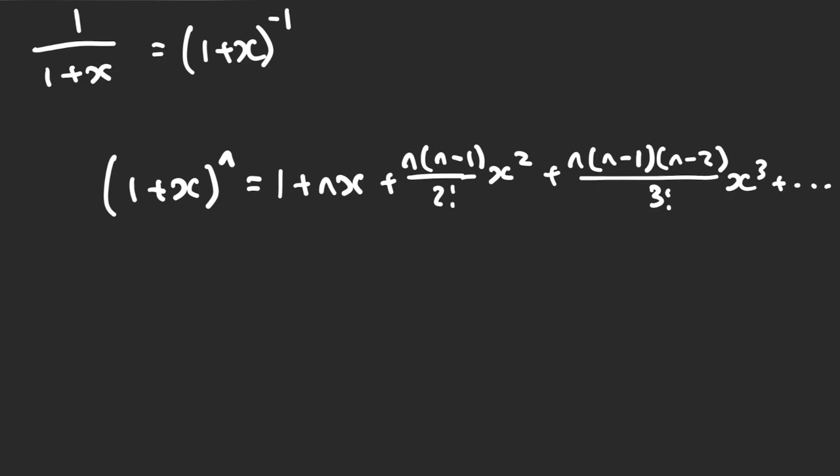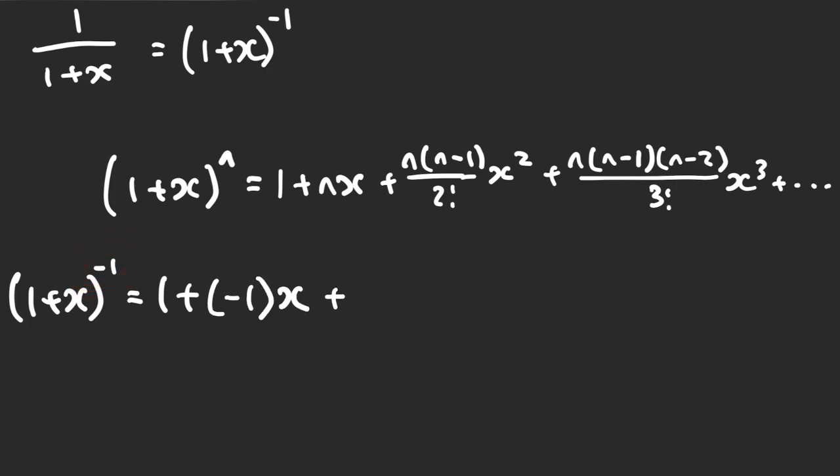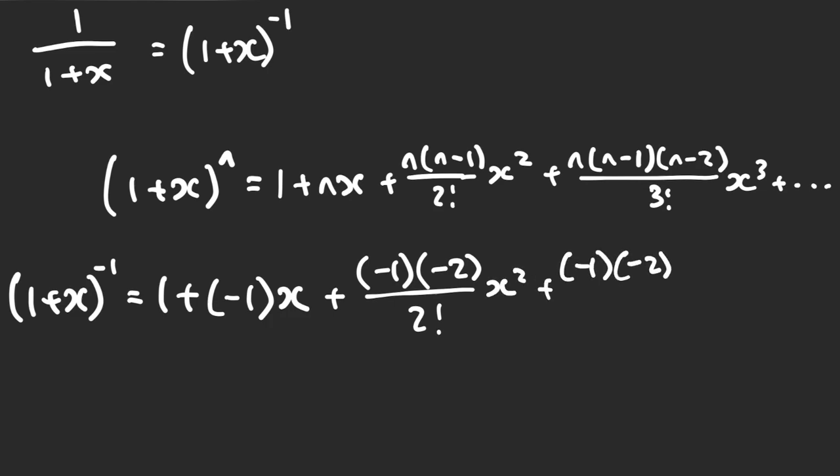So let's go ahead and expand this term by term. So 1 plus x to the power of negative 1 is going to equal 1 plus, now n of course is negative 1, so we're going to have 1 plus negative 1 times x plus negative 1, negative 2 over 2 factorial x squared plus negative 1, negative 2, negative 3 over 3 factorial x cubed, and so on.